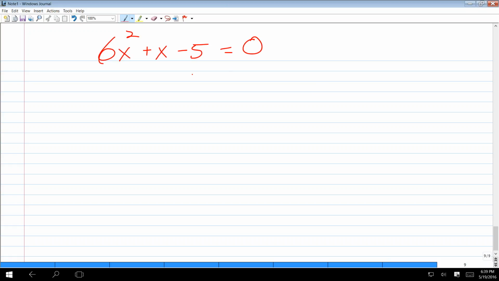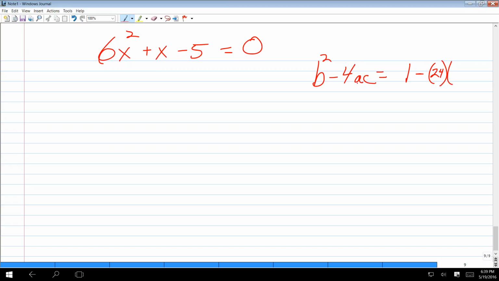Even though they told you to use the quadratic formula, which means that at some point in time we're going to have to answer what this is, right? Right. Well, what is that? That'd be 1 minus 4 times 6 times negative 5.